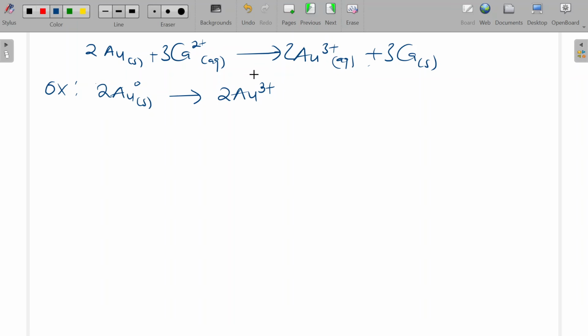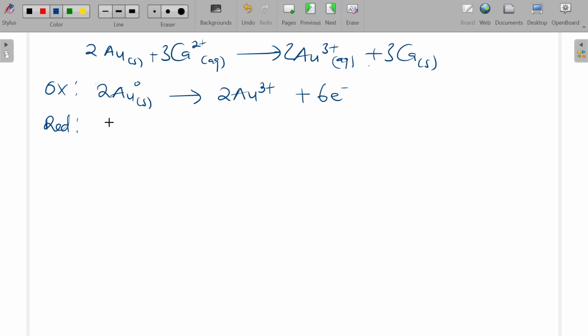So 6 here and 0 here. 0 minus 6 will be negative 6. The negative is just telling us that it is losing 6 electrons. So you just get the 6 and add it to the side with the highest oxidation state, which is this side: 6 electrons. Then you go to reduction.